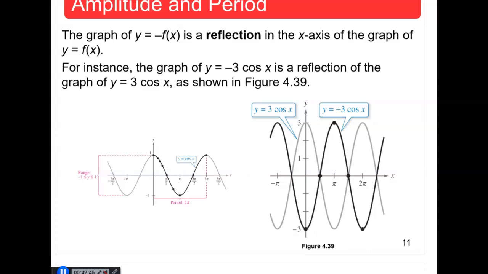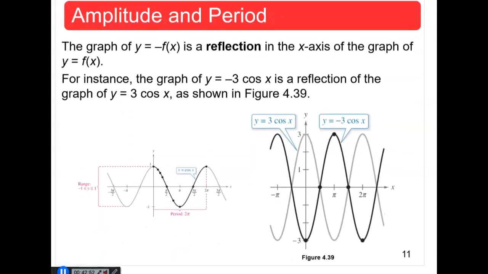A reflection across the x-axis is something that you don't need to write, but please pay attention. If you had a point here with coordinates, let's say 1, 2, and I tell you to reflect that point across the x-axis, the point will be here.